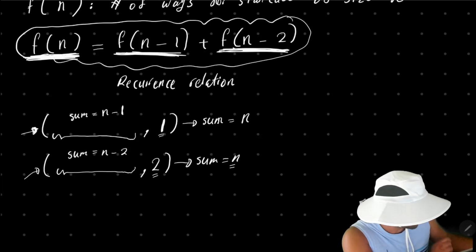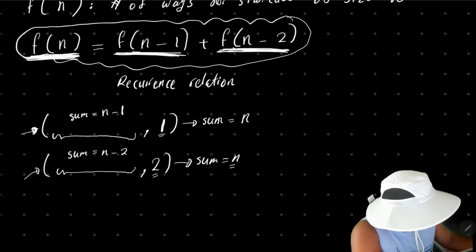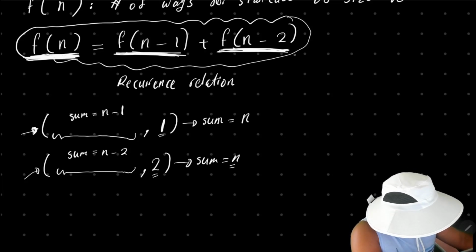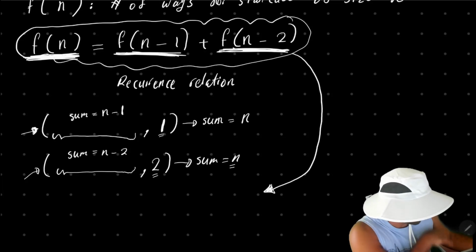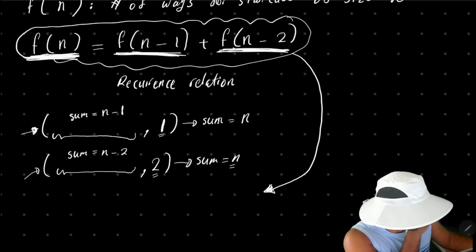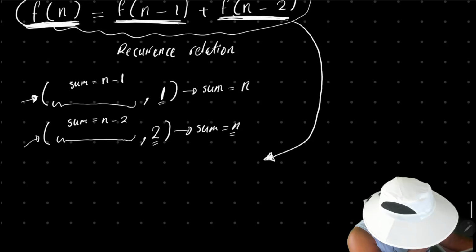All right, so what else? Yeah, there is an issue performance-wise with this recurrence relationship. Specifically the runtime will be inefficient. Why is that?